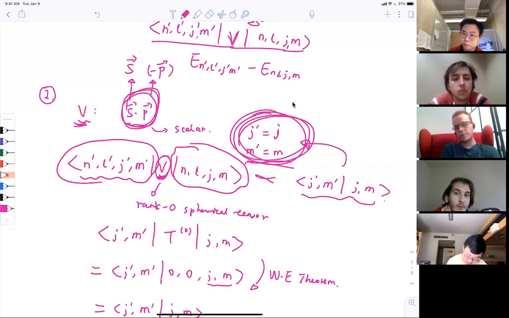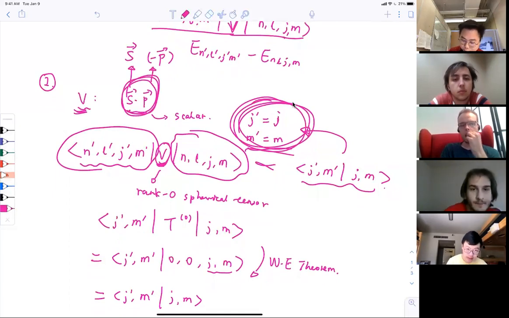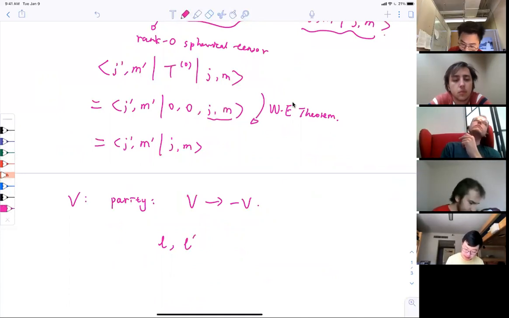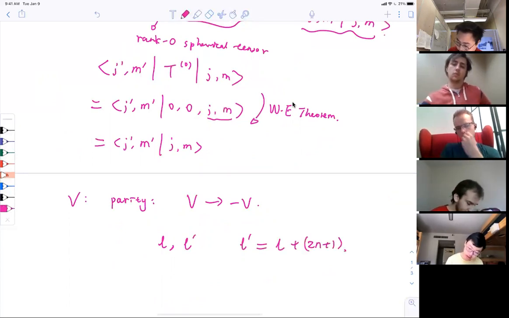Otherwise, it will be 0, right? So to make sure they have different parity, the difference between L and L prime must be an odd number, right? So it's like L prime must equal L plus some odd number.